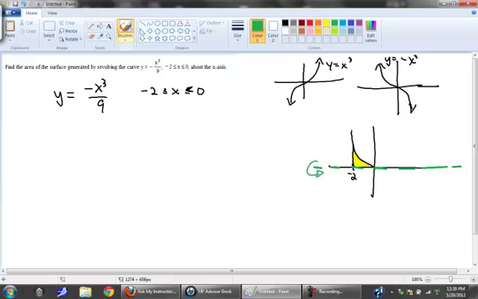And so we set this up to be surface area about the x-axis.